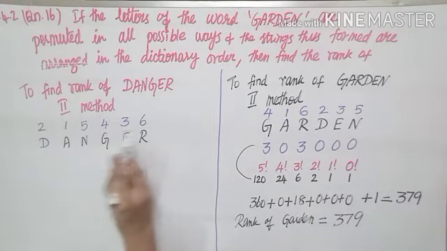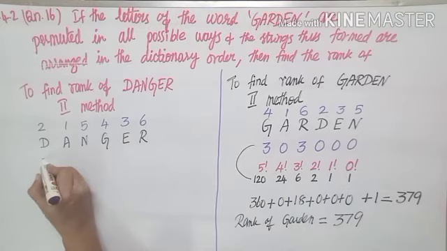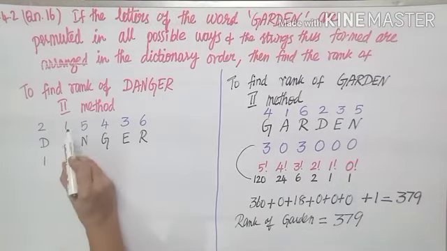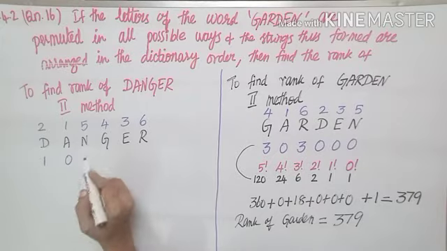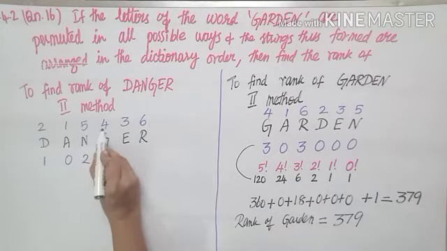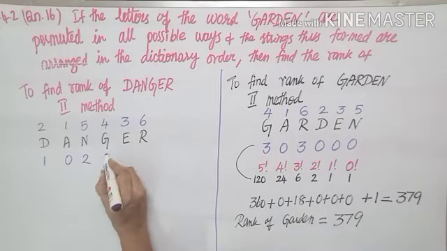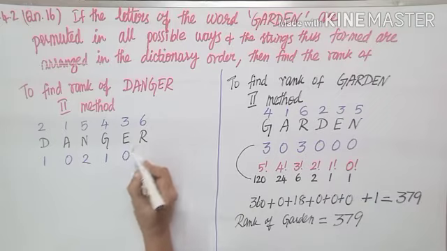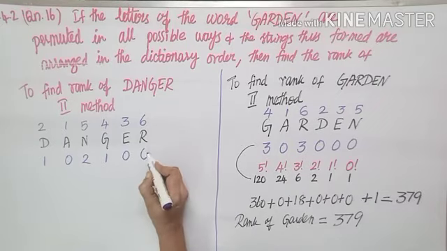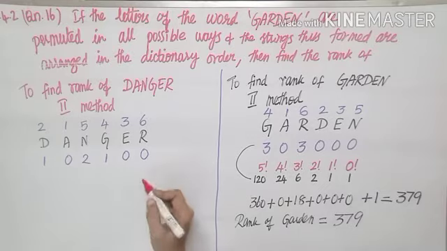Check which number is below 2. 1 number. Put 1. Below 1, no number is below 1, so 0. 5. Below 5, there are 2 numbers. Put 2. Below 4, there is 1 number. Put 1. Below 3, there is no number. 0. Below 6 also no number. 0. Now put the factorial starting from here.